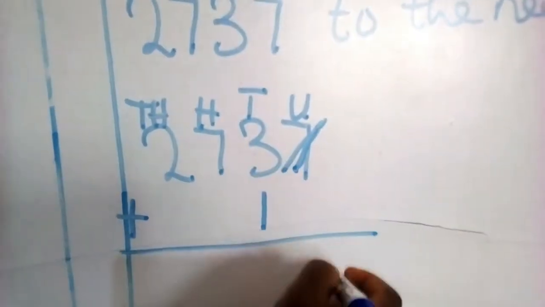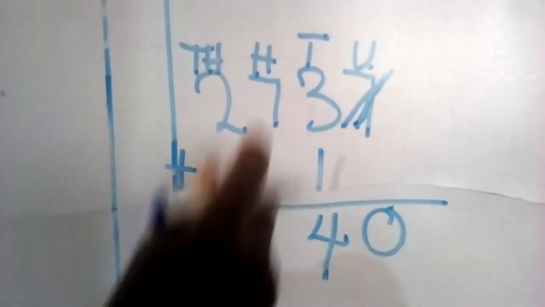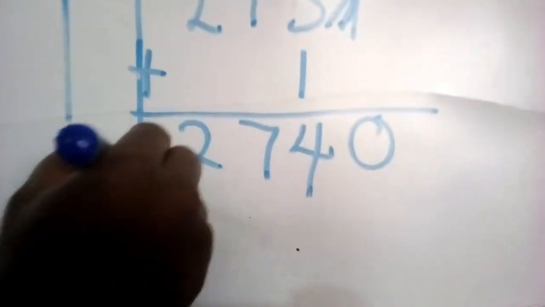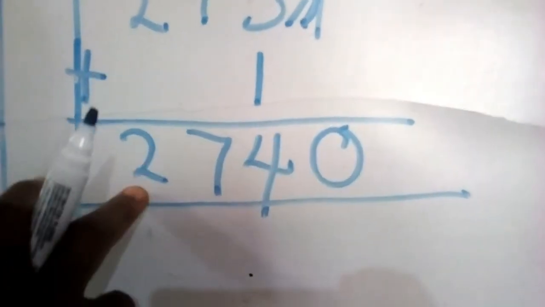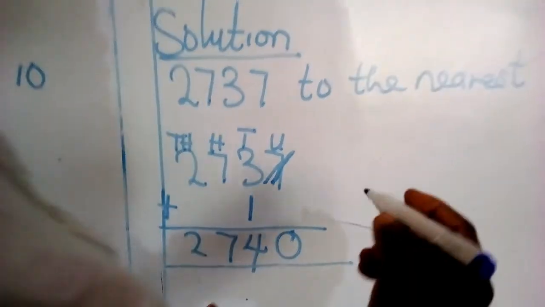So we say 0. 3 plus 1 is 4. We bring down 7. We bring down 2. 2,737 to the nearest 10 has become 2,740.